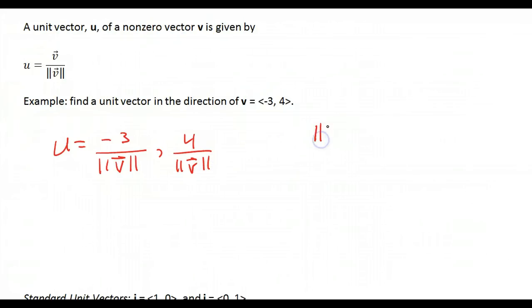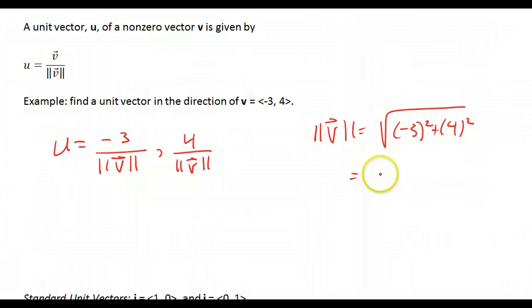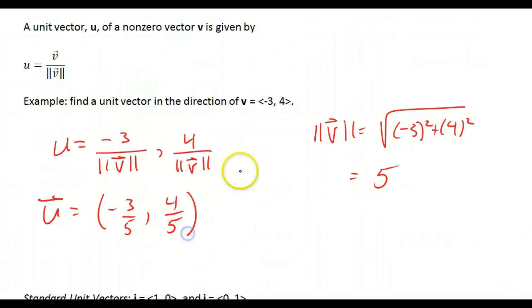Let's get the magnitude of vector v. That's the square root of negative 3 squared plus 4 squared, which is 9 plus 16, and the square root of 25 is 5. So a unit vector in the same direction as v is going to be negative 3/5, comma, 4/5. That's going to be going in exactly the same direction as vector v, but it's only going to have a length of 1 unit.